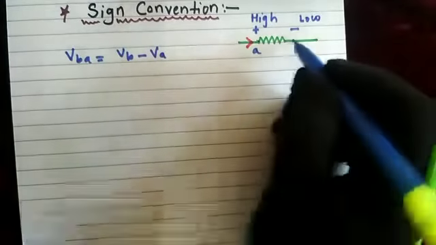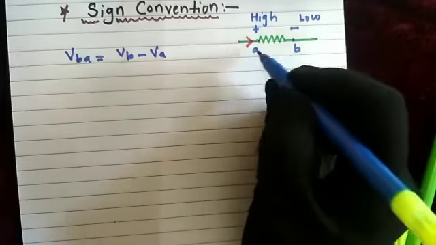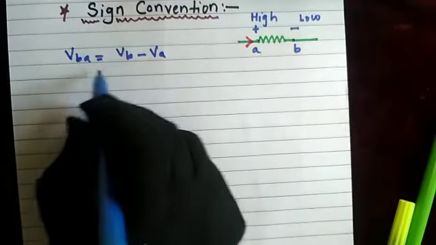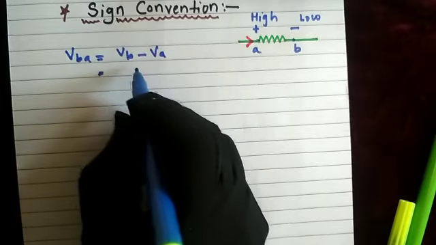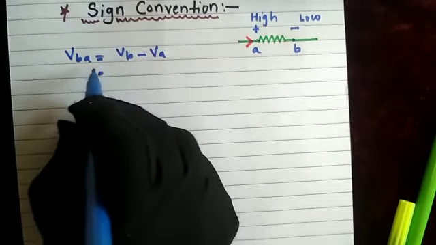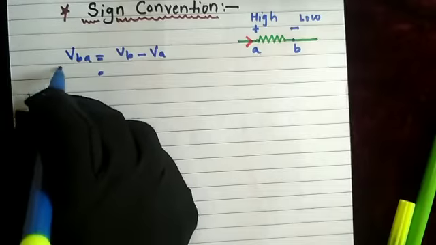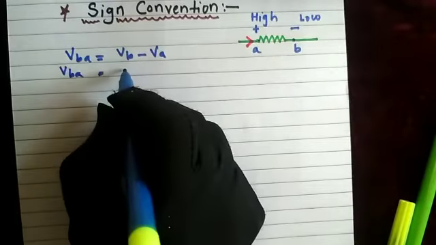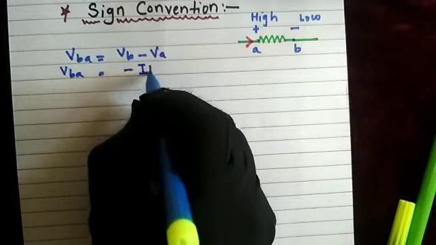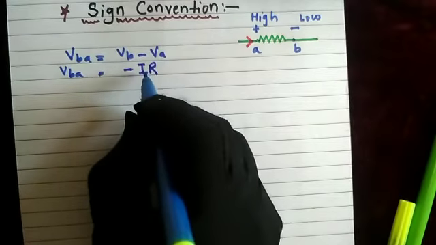So at B we have a low value, at A we have a high value. Low minus high, so the answer will automatically come out negative. That means the potential difference across the resistor will become negative, that is, we will have negative of IR.